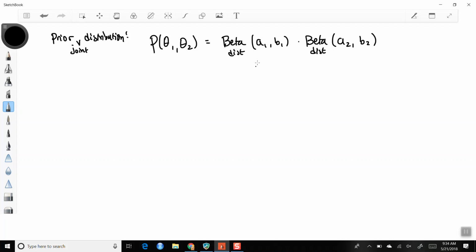theta 1 to the A1 minus 1 times 1 minus theta 1 to the B1 minus 1, and theta 2 to the A2 minus 1 times 1 minus theta 2 to the B2 minus 1. Okay.